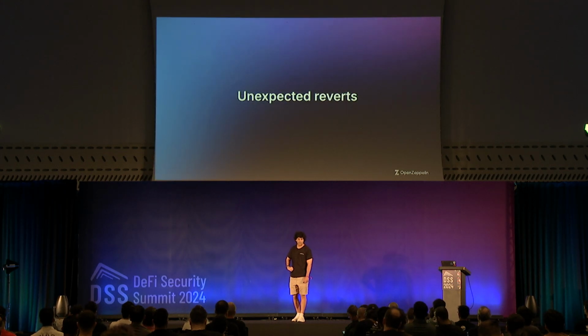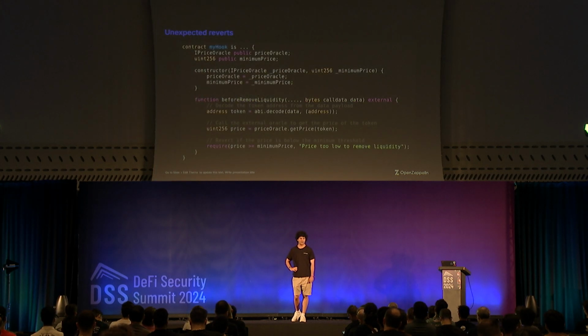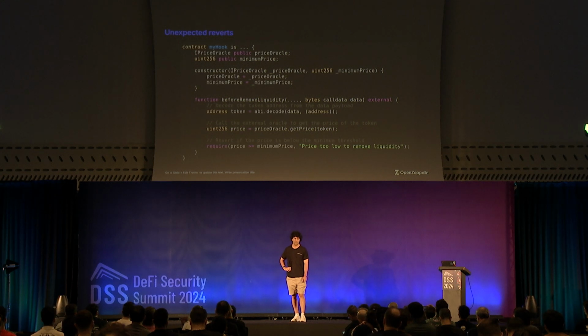Finally, unexpected reverts. This is a very interesting one, and it can happen in Uniswap V4 because of the flexibility that it gives. Let's say that we have a before remove liquidity function here that in the last line checks that a specific price is greater or equal than a minimum price.